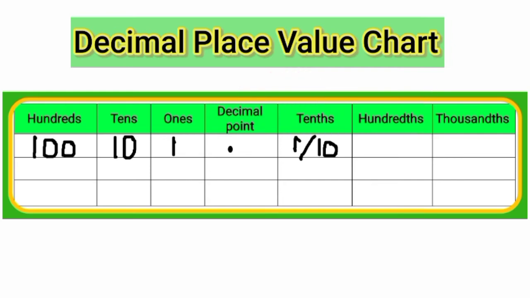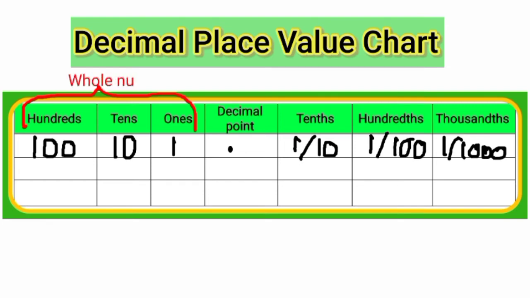Similarly, hundredths, HUNDREDTHS, means 1/100. Now if you observe, what is before the decimal? The whole number part, that means the integral part. And in whole numbers what did you write?